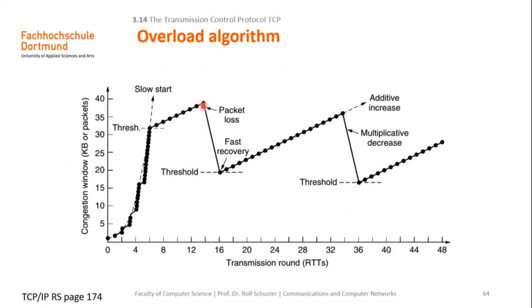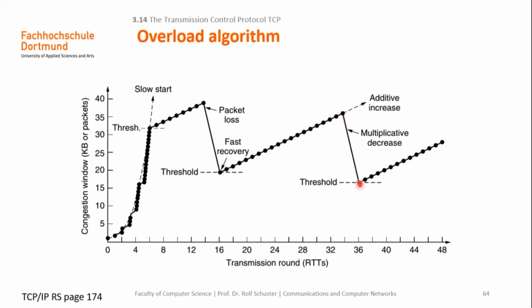We can retransmit faster, and at the same time, we only reduce the congestion window to the slow start threshold, which is set to half of this value, instead of reducing the congestion window to 1. And after that, we continue with the congestion avoidance algorithm instead of the slow start algorithm.